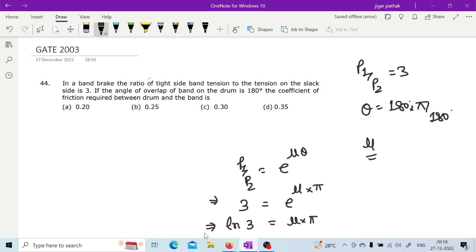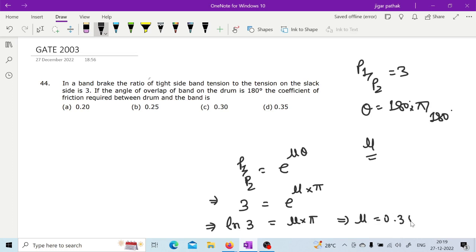Because it may happen that if you remember all those equations, sometimes you may not be confident that whatever you are writing is correct or not. So in that case you can verify by deriving it there itself. Okay.